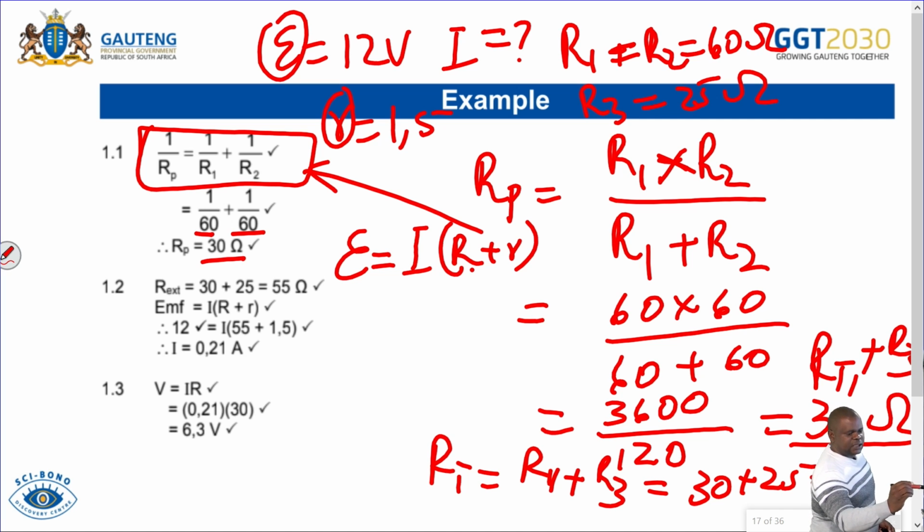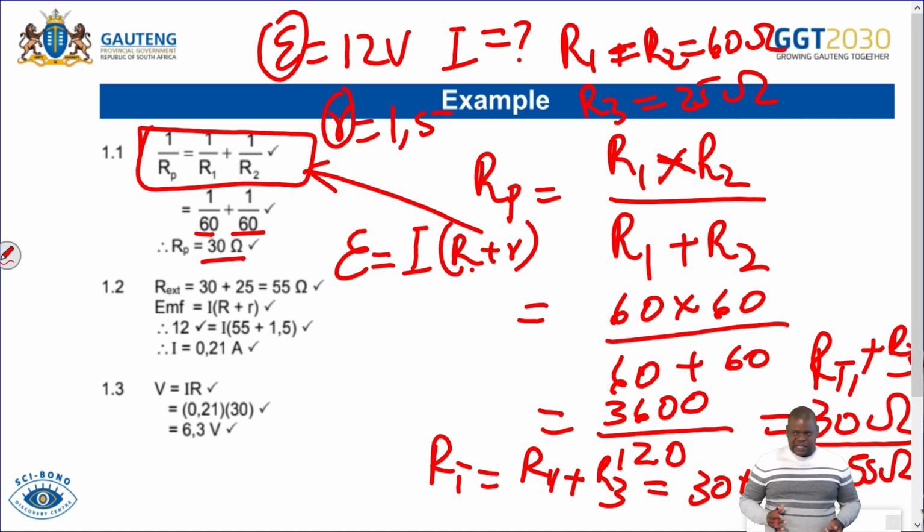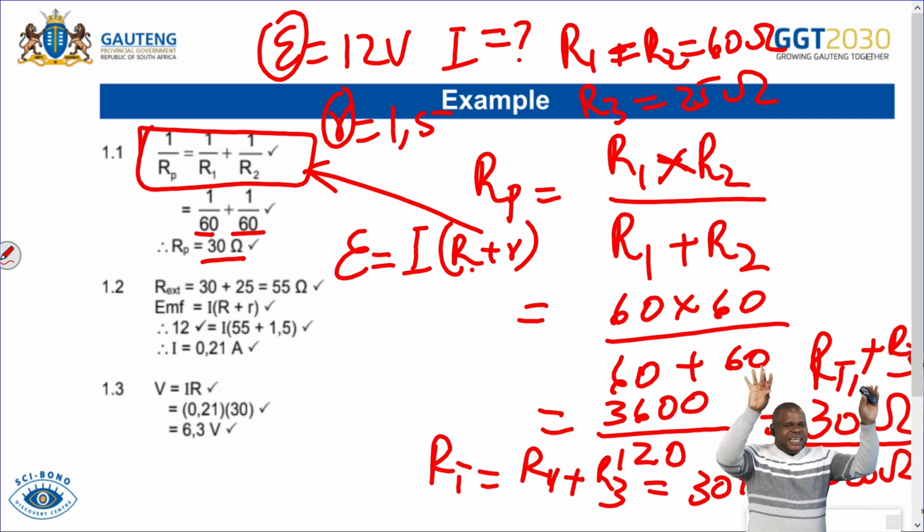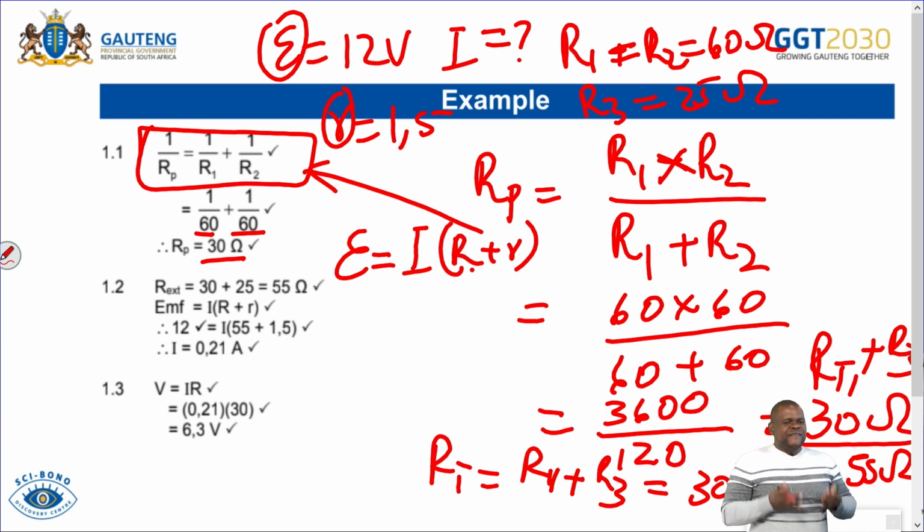Then we have 55 ohms. Are we together? This is telling us that the total resistance in the circuit is equal to 55 ohms. The total resistance of the whole circuit is 55 ohms.